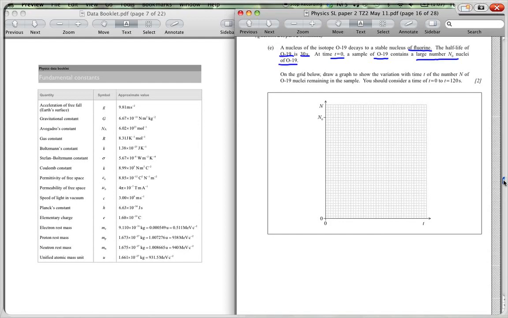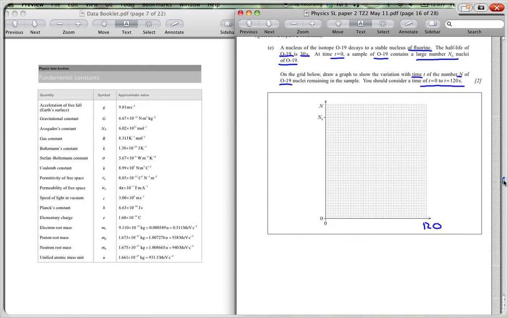On the grid below, draw a graph to show the variation with time t, the number N of O19 nuclei remaining in the sample. And we should consider from time t is equal to 0 to 120. So you'd want to use all your scale here as much as it. Don't try and fit everything just in a bit of it over here. Use the whole thing. So it would go to, at the end here, 120.